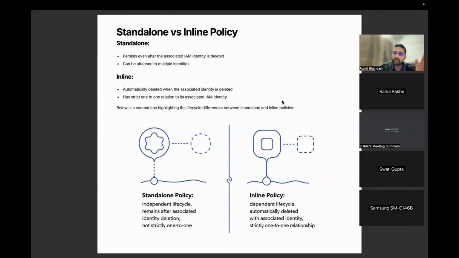By identity I mean any of the three identities we talked about. While inline has a strict one-to-one relation to its associated IAM identity. So it will also get deleted as the identity gets deleted. That's the basic difference. Here it can be attached to multiple identities, so even if one identity goes away, the standalone one still persists.